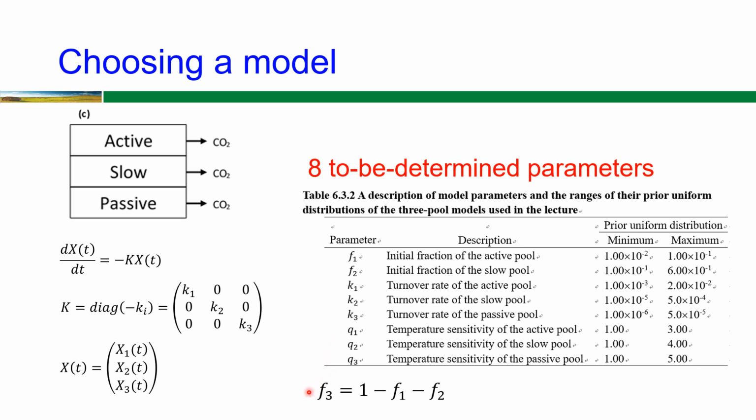The initial fraction of the passive pool, F3, doesn't need to be estimated, as it can be directly calculated as 1 minus F1 minus F2. The turnover rates of carbon pools at 35 degrees Celsius can be calculated as Ki times Qi.